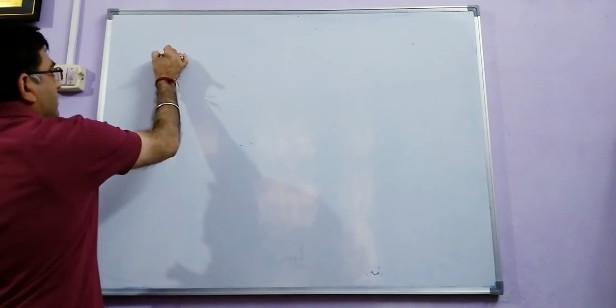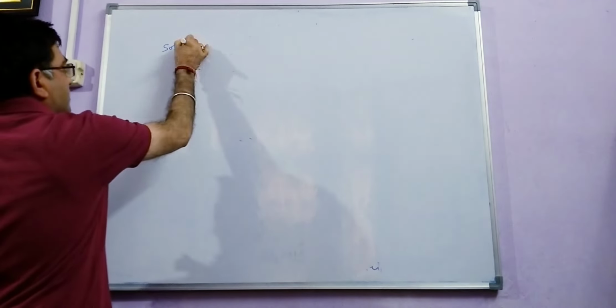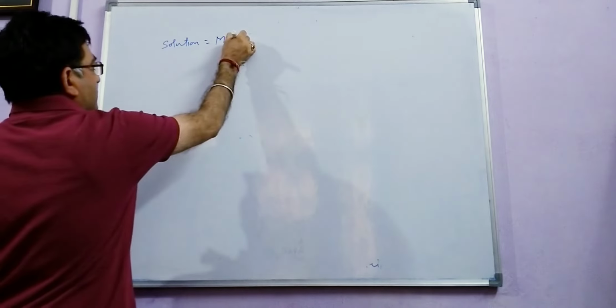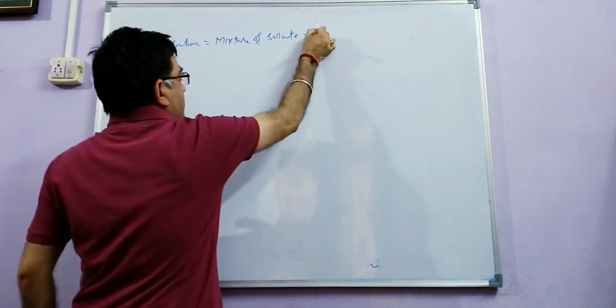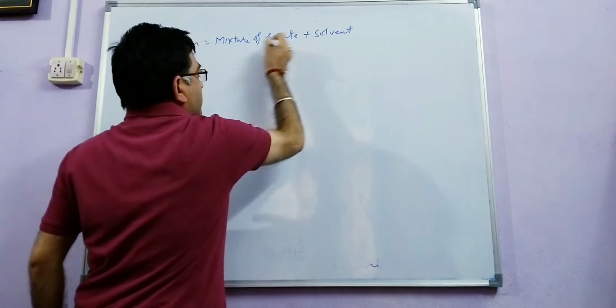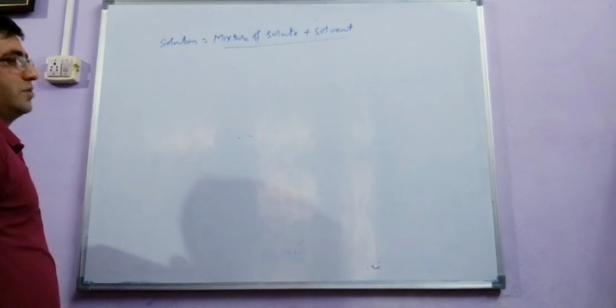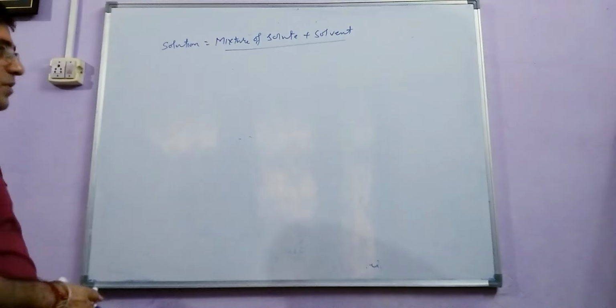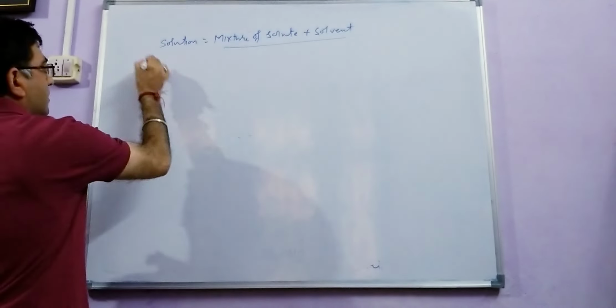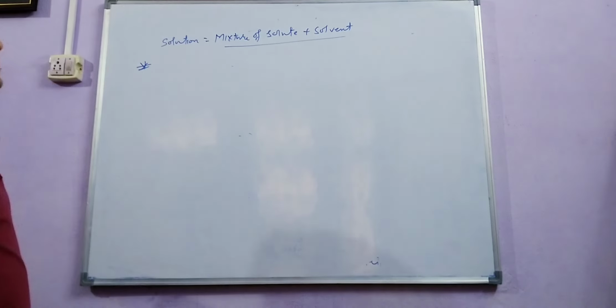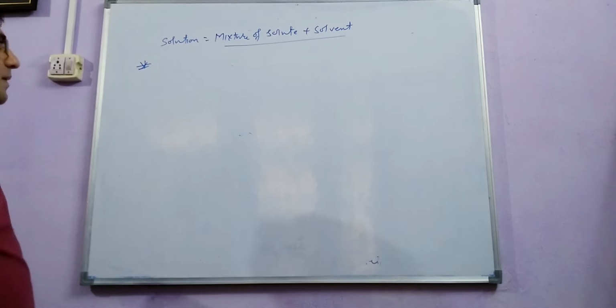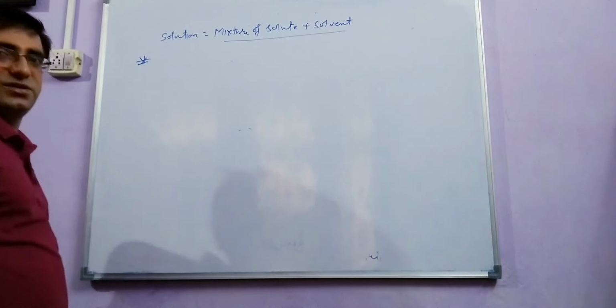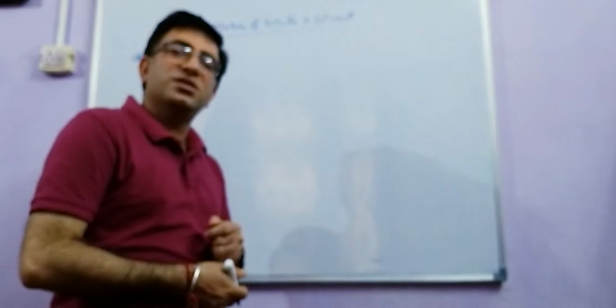In simple ways you can define a solution as a mixture of solute and solvent. Now we have different types of solutions depending upon the physical state of solvent, and a solution is basically a single phase system. Homogeneous means single phase.